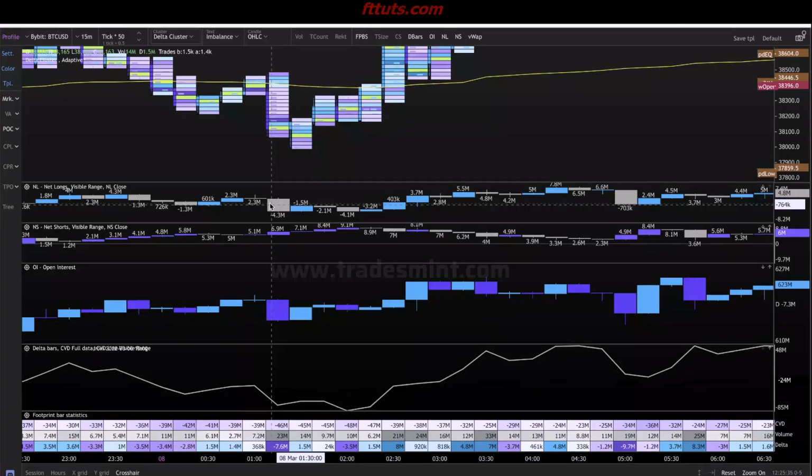It's relative to the market context. If you're looking a few candles back, and you see that we have 7 million volume, 6 million, 5 million, 7 million, 11, 11, 6, 2, 7, and then all of a sudden we have 23 million volume, okay? This should catch your attention. We have a lot of volume coming in, okay?